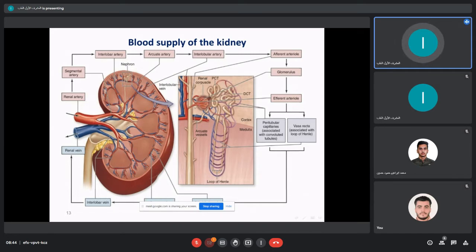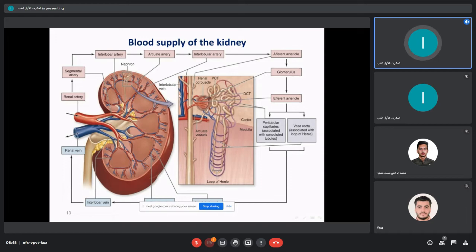The afferent arteriole will enter into the renal corpuscle and form the network or loop of capillaries, which is the glomerular capillaries, and then it will exit the renal corpuscle as the efferent arteriole. Instead of entering as an artery and exiting as a vein, here in the corpuscle it enters as an arteriole and exits as an arteriole: afferent arteriole entering and efferent arteriole exiting.